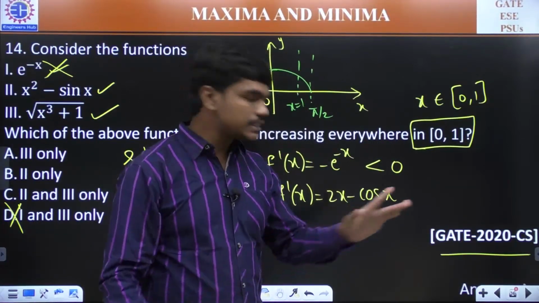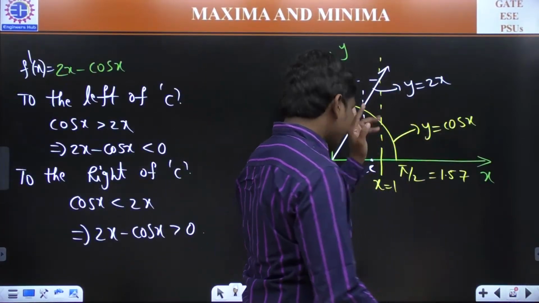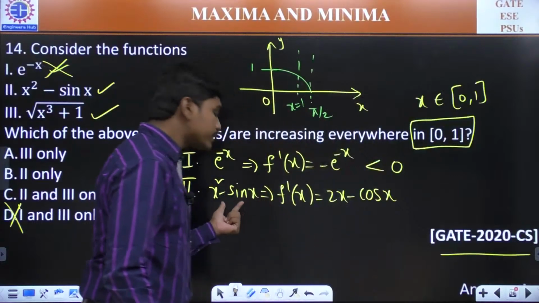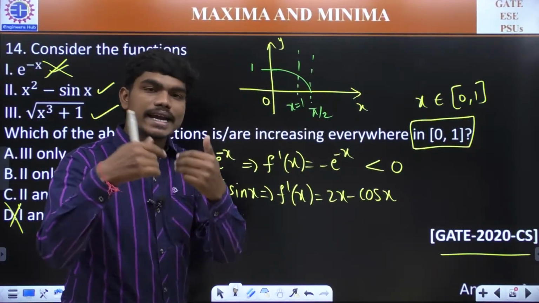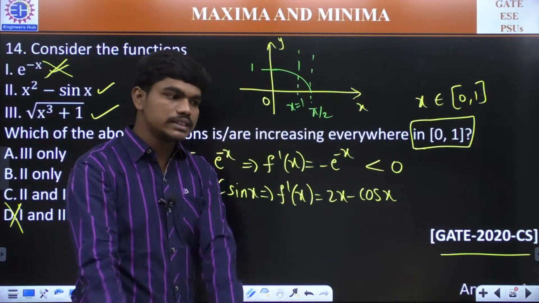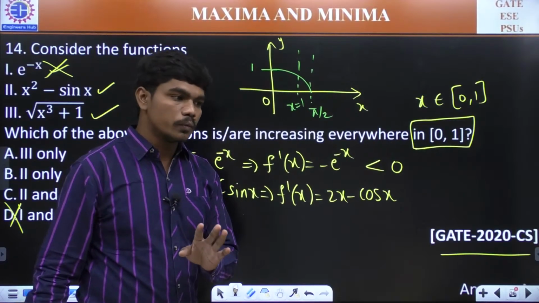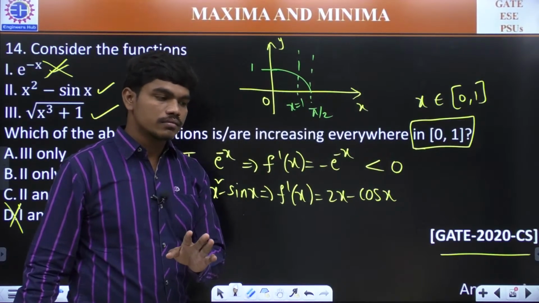I am summarizing this complete result of the graph. If I say that x square minus sin x is increasing in some part of the interval 0 to 1 and again decreasing in some part of the interval, will you agree with me or no? Please tell me.